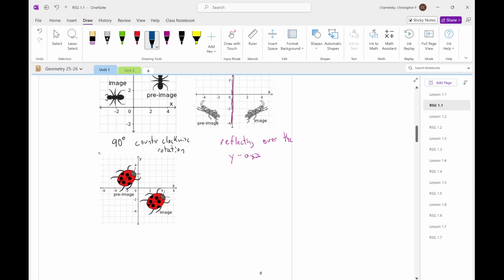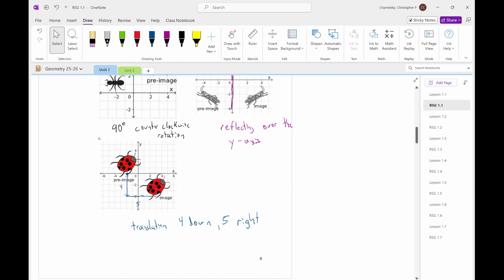If we can find a point here, it's going about 4 down and roughly 5 to the right. That's a translation. About 4 down and 5 to the right.